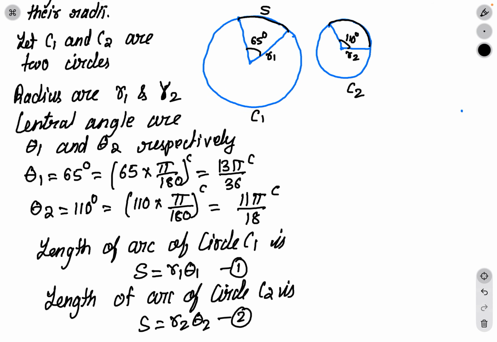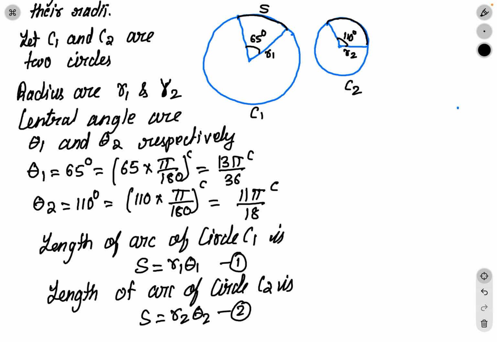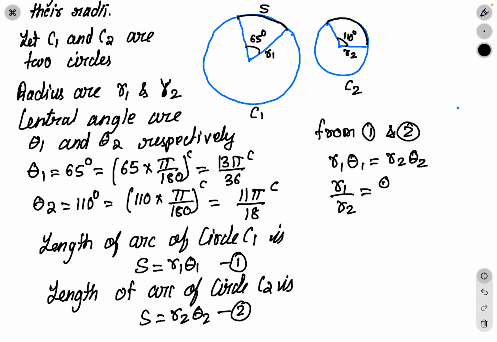So from first and second, R1 theta 1 is equal to R2 theta 2. So R1 upon R2 is equal to theta 2 upon theta 1.